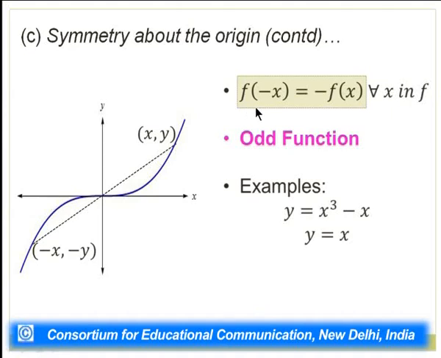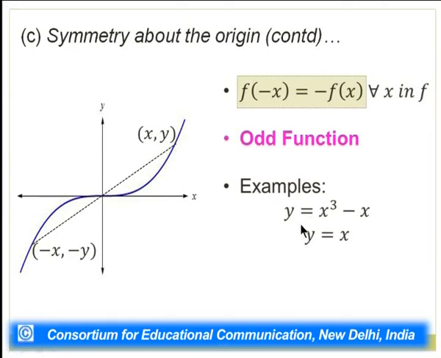So the mathematical definition of a function which is symmetric about the origin will be that f of minus x will be equal to minus f of x for all x in the function. And such a function which is symmetric about the origin is also known as an odd function.